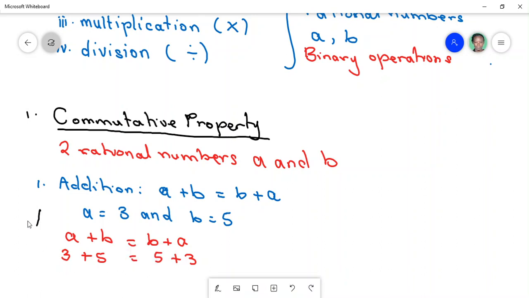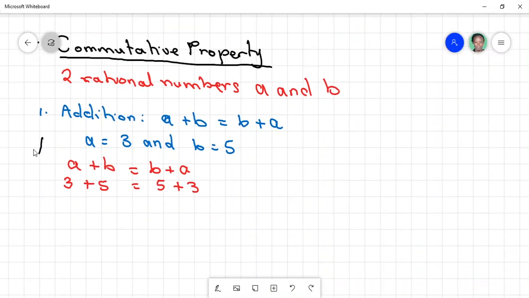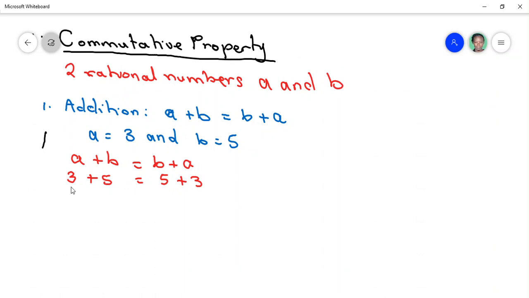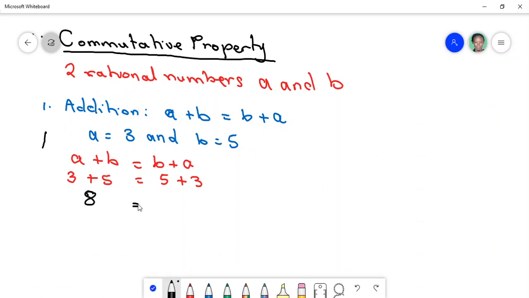So let's look at it. Let's add and see. 3 plus 5 is 8, and 5 plus 3 is also 8. So you realize that it doesn't matter the arrangement when it comes to addition of two numbers, I'll get the same result.